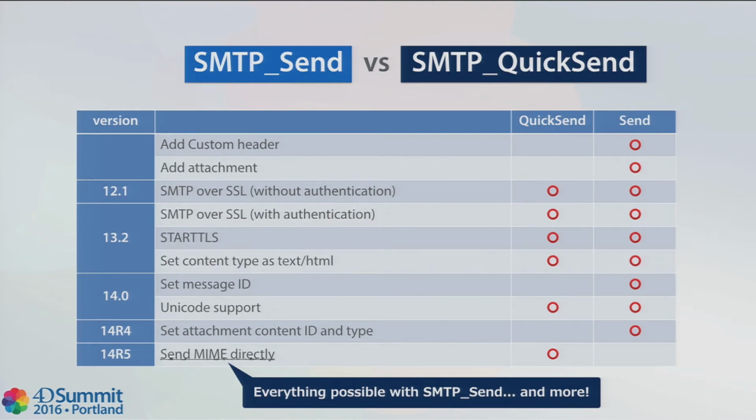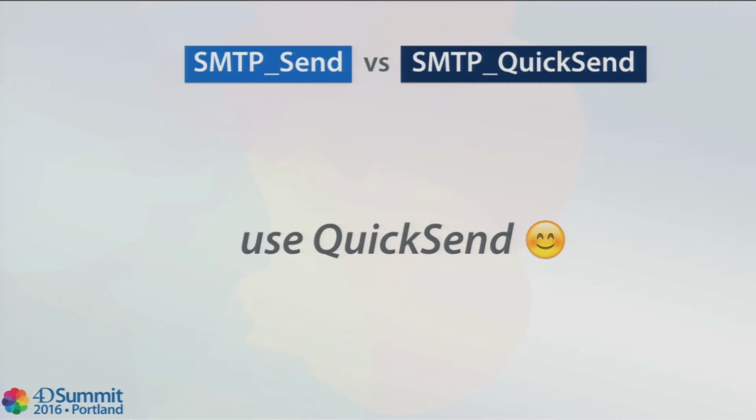That really doesn't matter, because if you can send MIME directly, then you can do all those things and more. And that's really the main message I want to get out through this presentation. QuickSend is actually the more advanced option. So send versus QuickSend, I will say QuickSend.